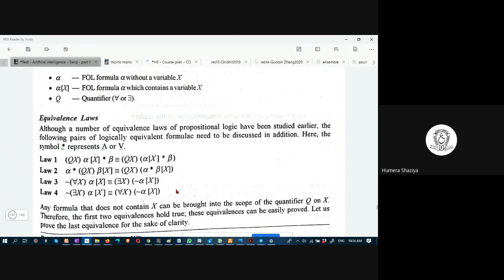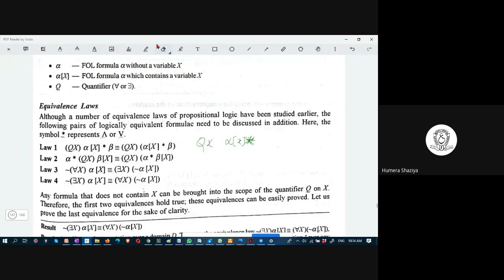Essentially, when you have a quantified variable and a formula with and or symbols, the asterisk is placed here, asterisk beta.